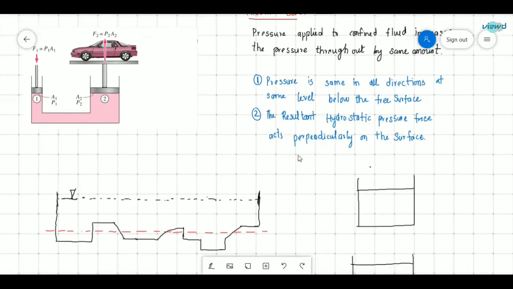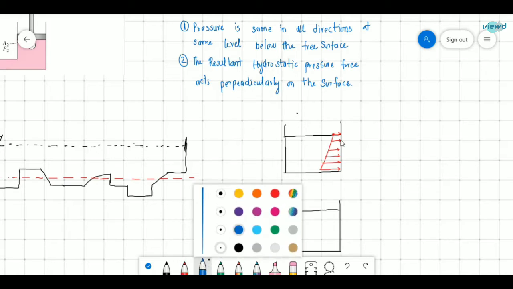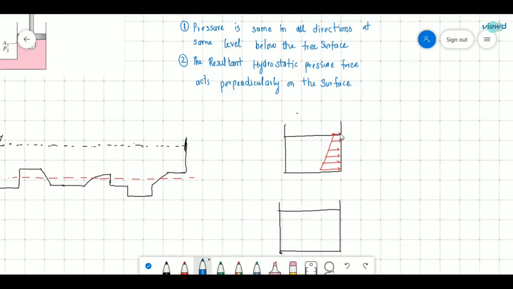We have seen in the last video about the pressure distribution in this way. If this was atmospheric pressure, it was like this. So this was the pressure force distribution. And if we do not consider this atmospheric pressure, or if it is represented in terms of gauge pressure, the pressure distribution will be in this way.